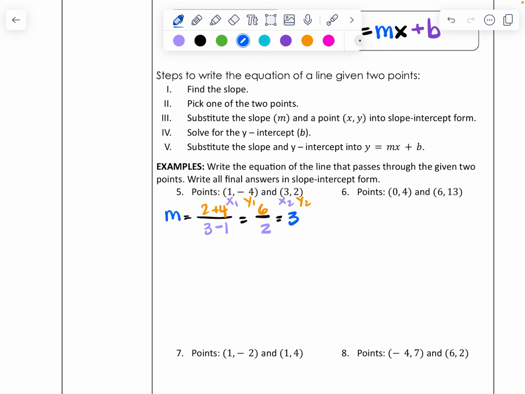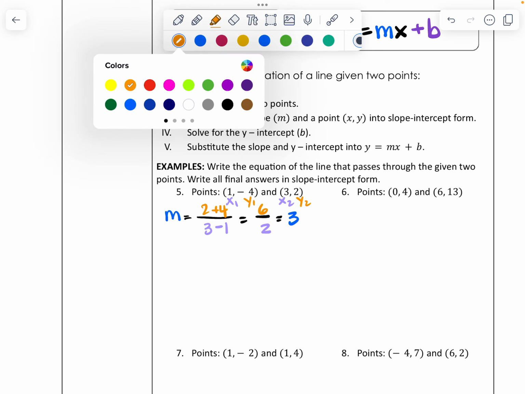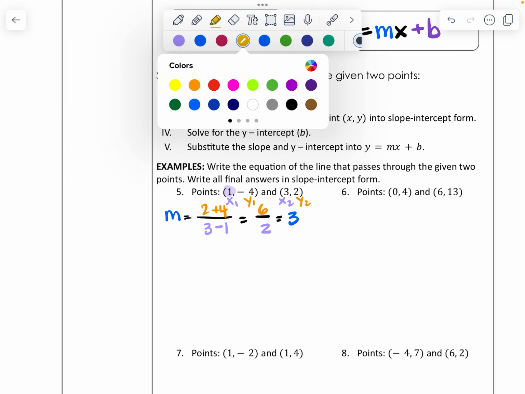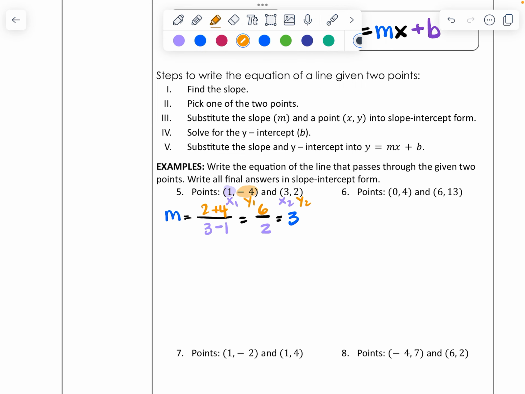So now I know m is 3. Now I know that I have x and y. You can pick either point, but this is your x and this is your y. I'm just going to use the first point.